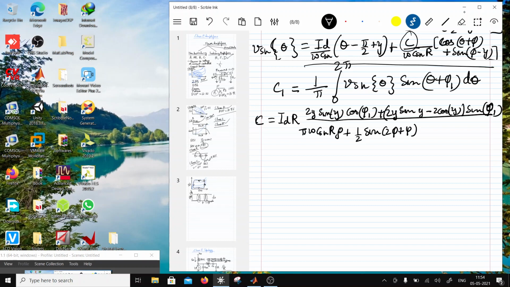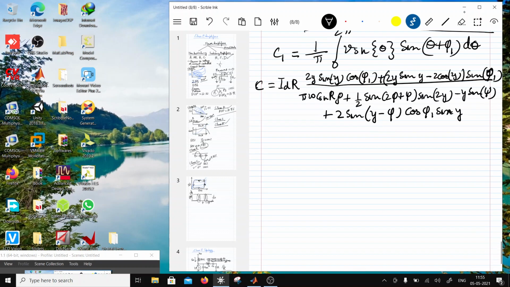Okay, so I have separated out sine of twice of y minus y sine of xi plus twice of sine of y minus phi times cos of phi 1 plus sine y.